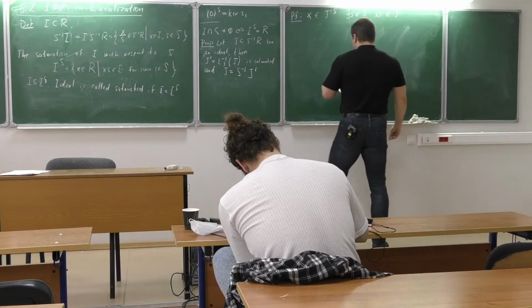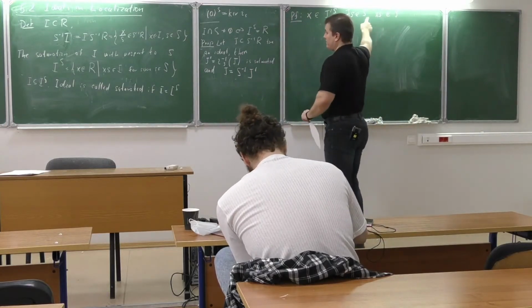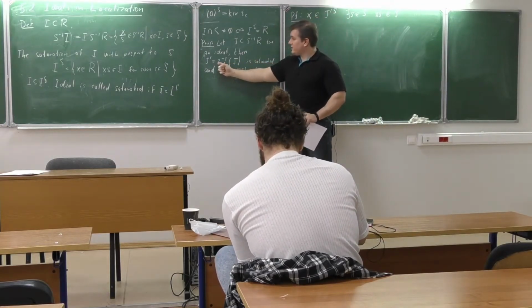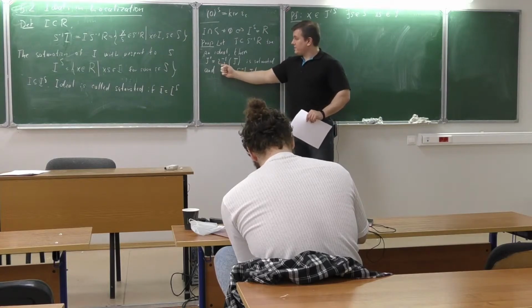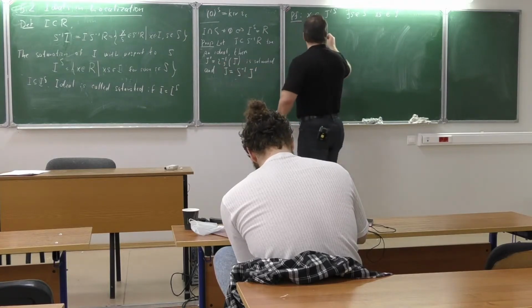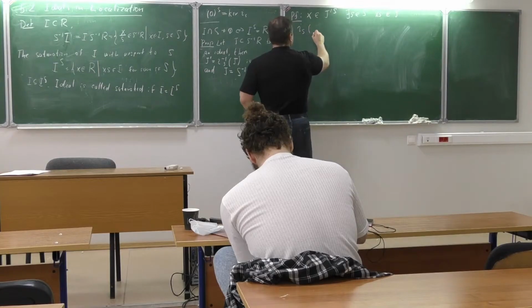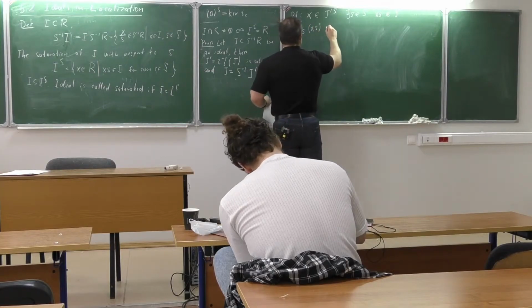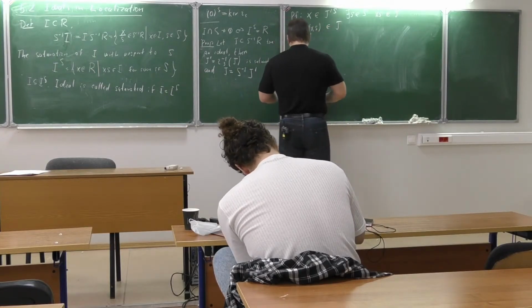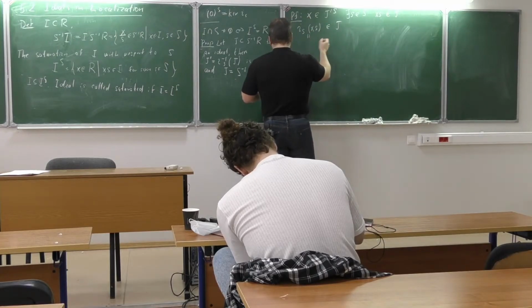Okay, now if the element is in the ideal J prime, well, J prime is the full pre-image, it means that if I apply my map iota sub S, I'll get something in J. So applying iota sub S to this product xs is an element in the given ideal J. But this map, of course, is just the same thing as xs over 1.